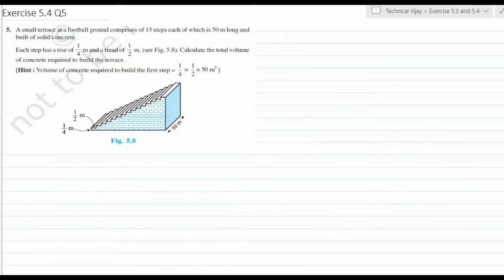Now exercise 5.4, question number 5: a small terrace at a football ground comprises 15 steps, each of which is 50 meters long and built of solid concrete. Each step has a rise of 1/4 meter and a tread of 1/2 meter.